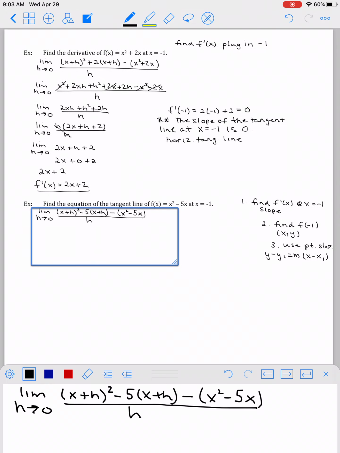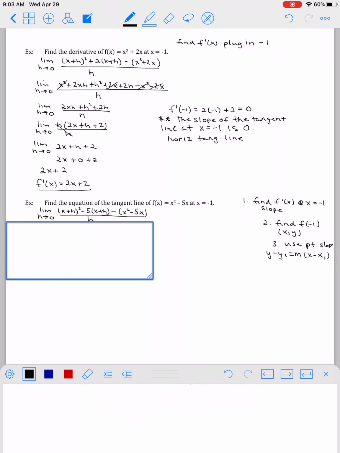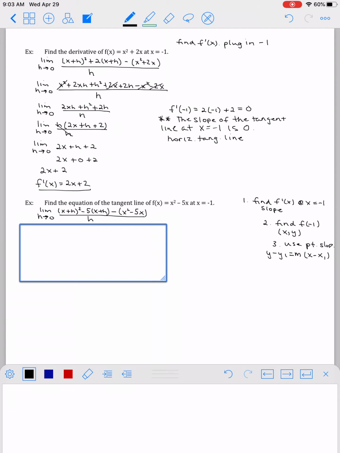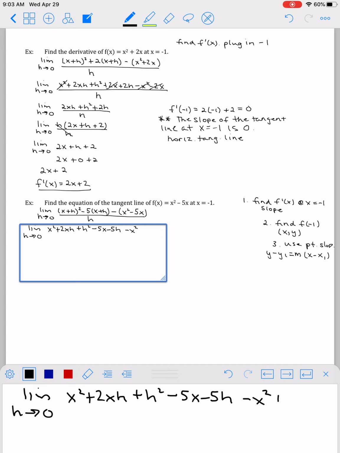We try to plug in the h, we can't, and so we're going to have to multiply out just like the prior 2 examples. Limit as h approaches 0, x squared plus 2xh plus h squared minus 5x minus 5h minus x squared plus 5x, all over h.